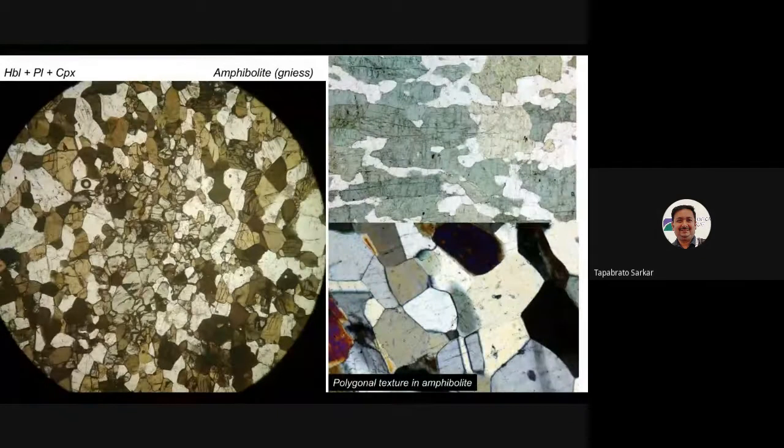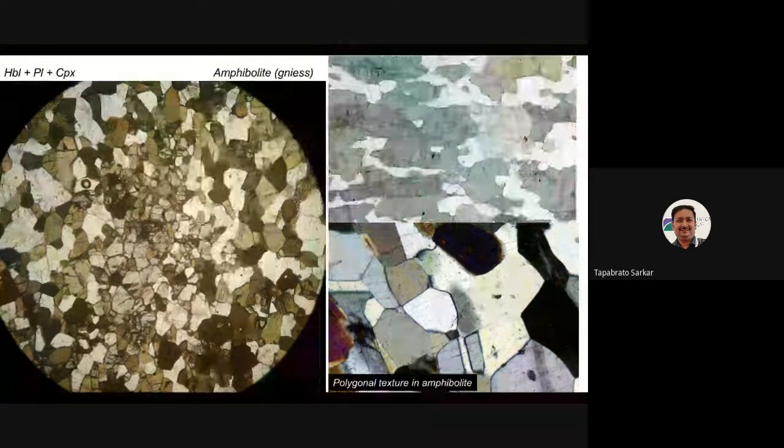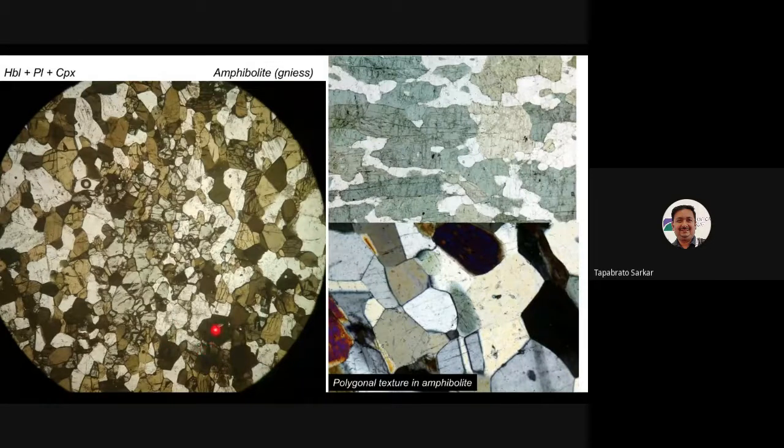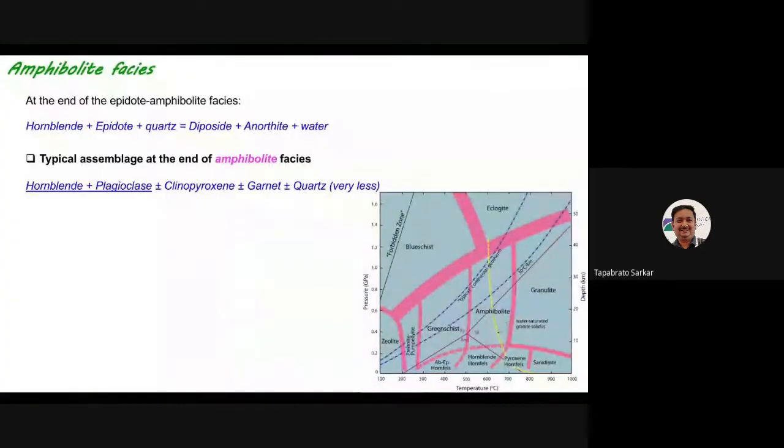The rock has become much drier. A lot of water is lost, but there is still some water in the hornblende. Plagioclase is not a hydrous mineral, so there is no more. Whatever water is there is within the structure of hornblende. This is what the amphibolite facies is all about.